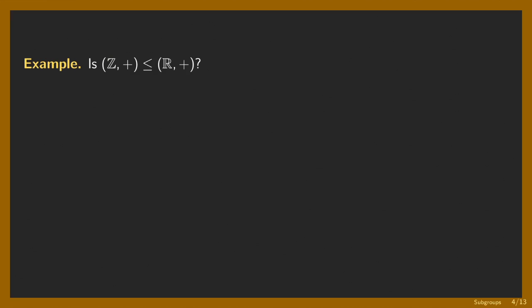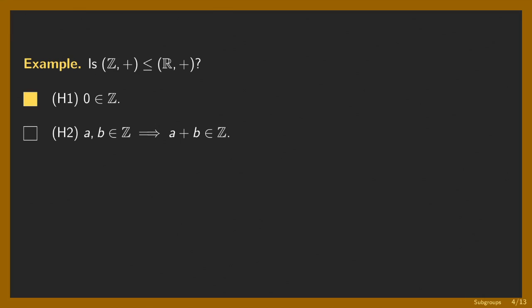So let us consider some examples. Under the normal addition, is the set of integers a subgroup of the set of real numbers? Well, there are three things we need to know. First, is the zero real number an integer? Yes. Second, if two numbers A and B are integers, are we guaranteed that A plus B is an integer?